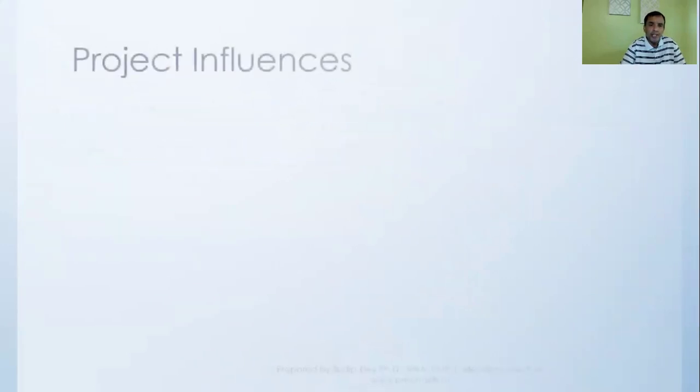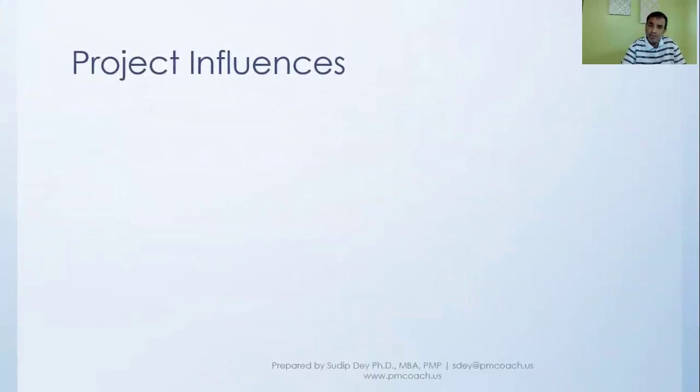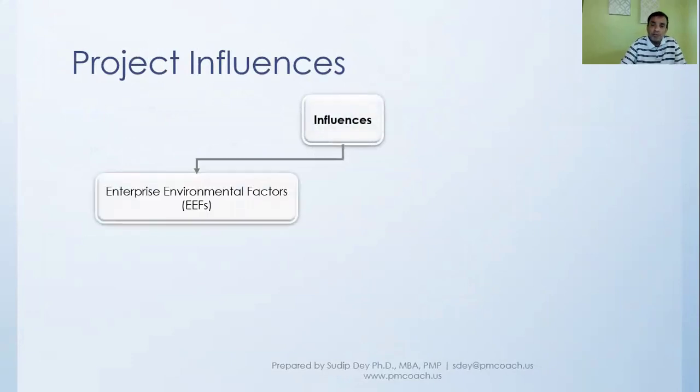Now let's look at what the different influences are. There are two types of influences we talk about. One is what we call enterprise environmental factors. Enterprise environmental factors, we will refer to these as EEF as we go on.